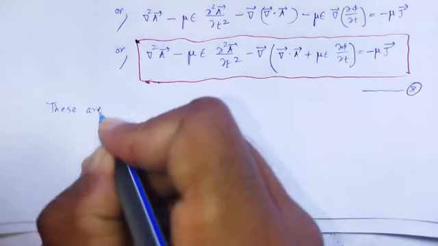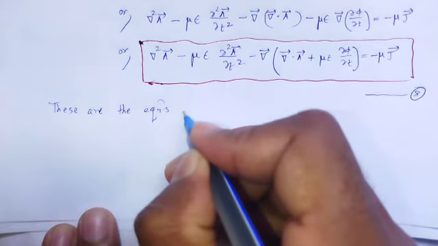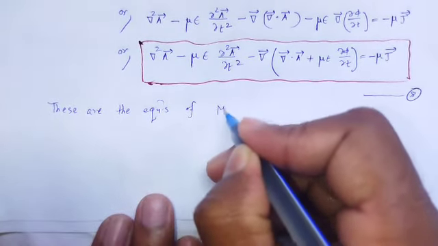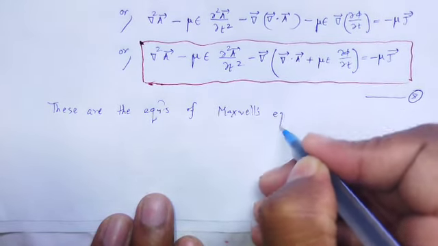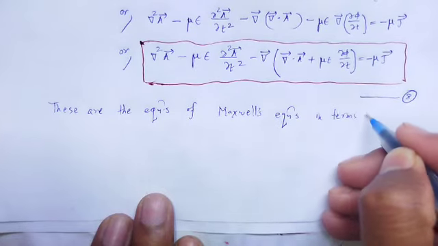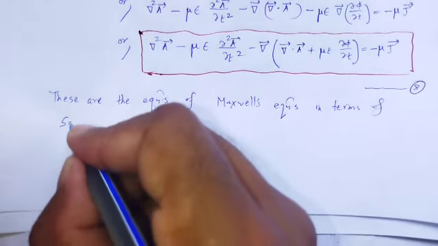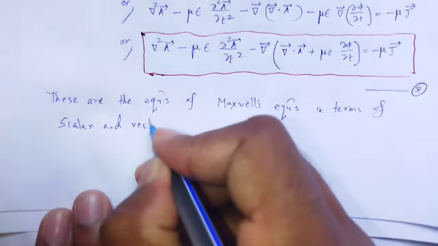These are the Maxwell's equations in terms of scalar and vector potentials.